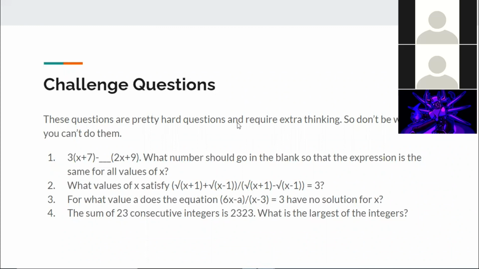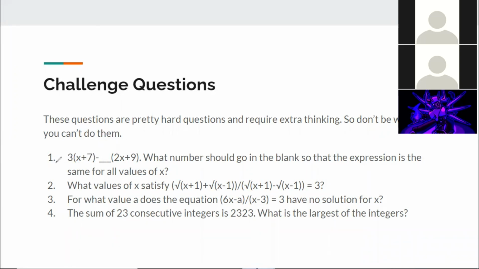Okay, let's go over them. So for the first one, basically you want the expression to be the same for all values of x. When you want that, you want the expression to be constant, meaning it has a numerical value. So for this expression to have a numerical value, you want the x's to cancel out.